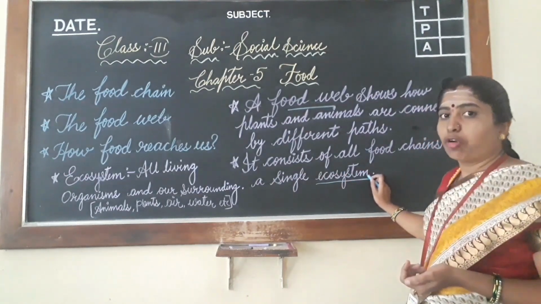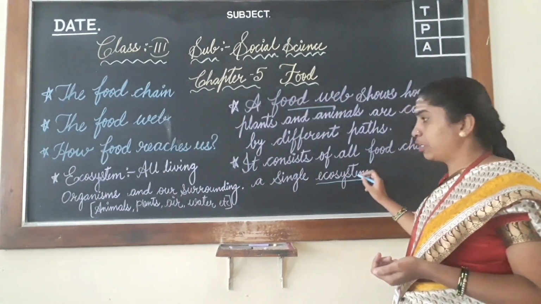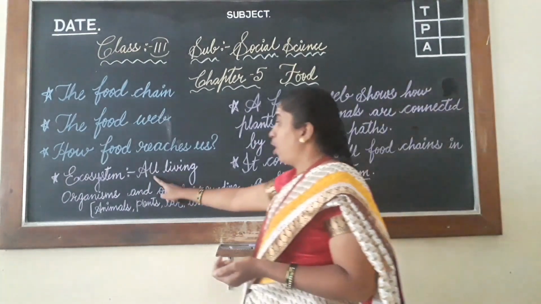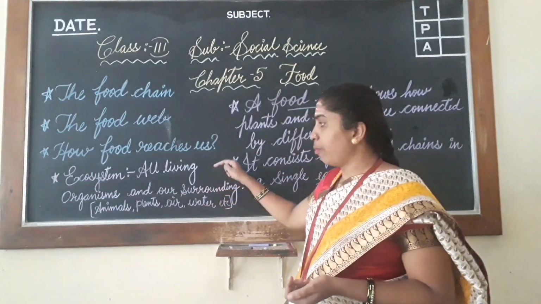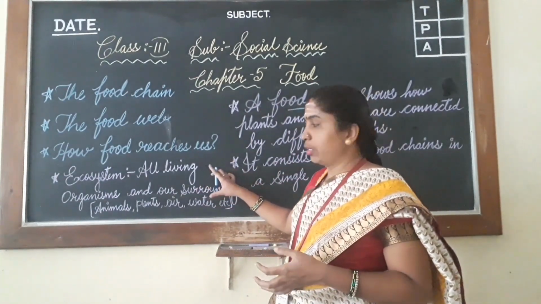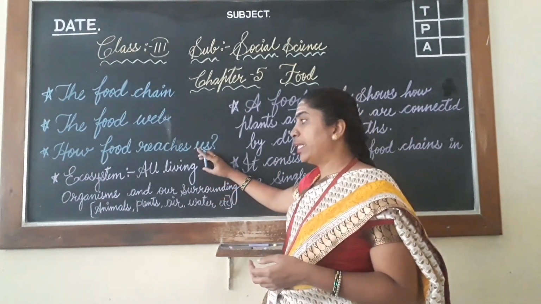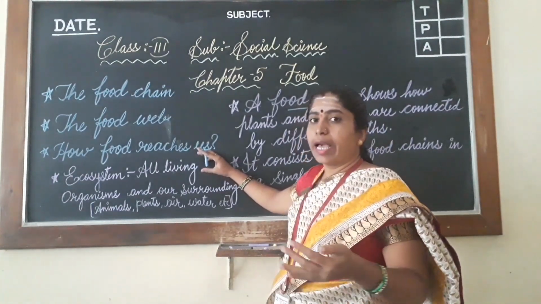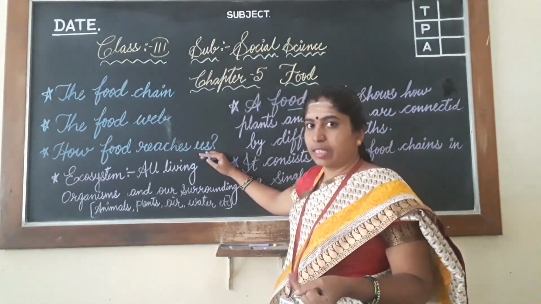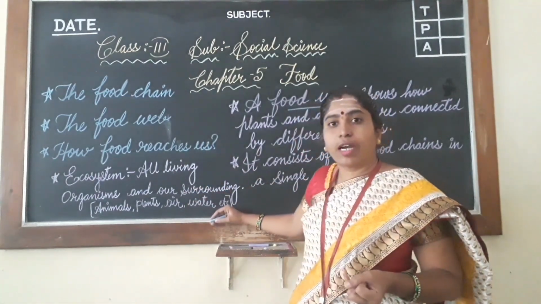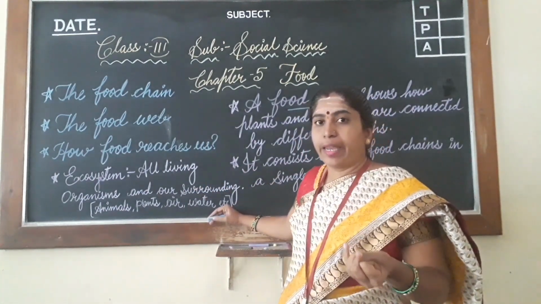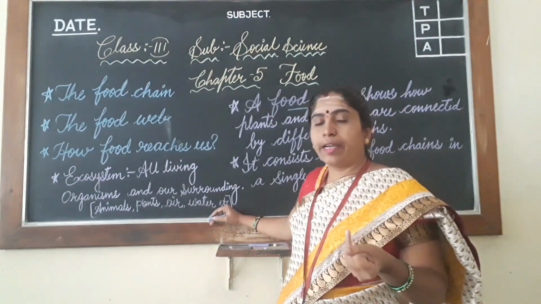Ecosystem. What do you mean by this ecosystem? All living organisms and our surrounding. Means in this ecosystem you find all the living organisms. They are plants and animals, isn't it? Then our surrounding. What do you find in your surrounding, children? It's air, water, sunlight.